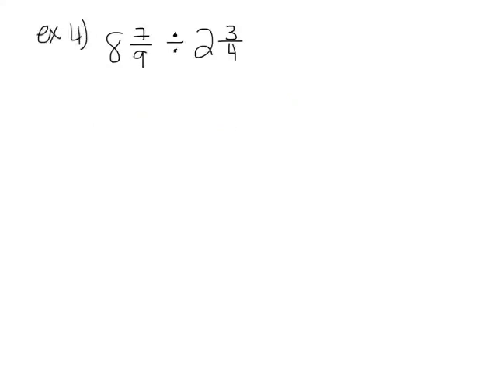Go ahead and pause the video, and I want you to try this one on your own. So I'm going to look at 8 7/9, and 7/9 is closer to 1. And since it's closer to 1, that means that the 8 is going to round up to 9.